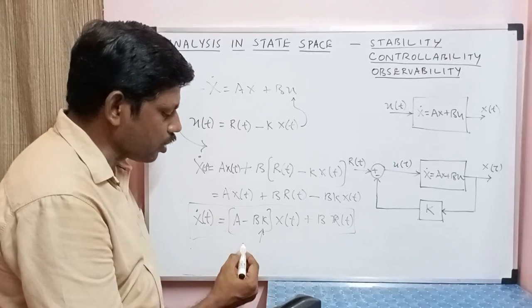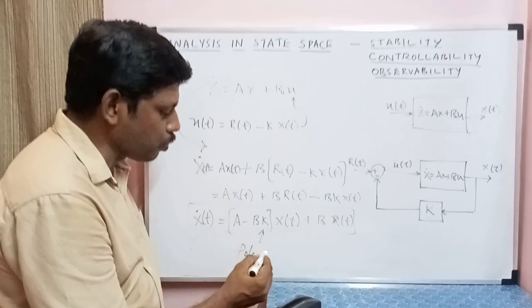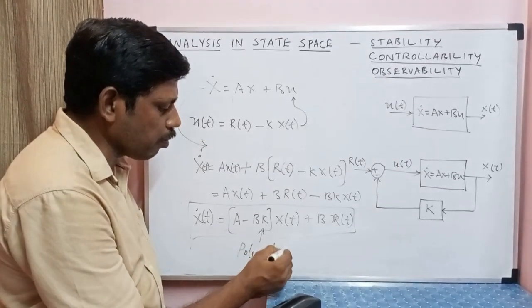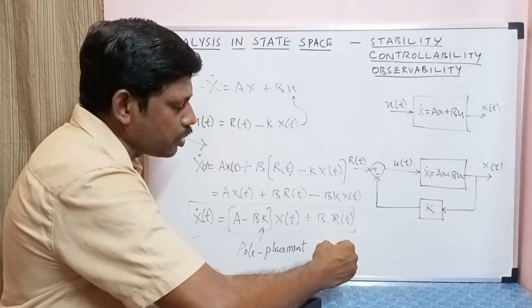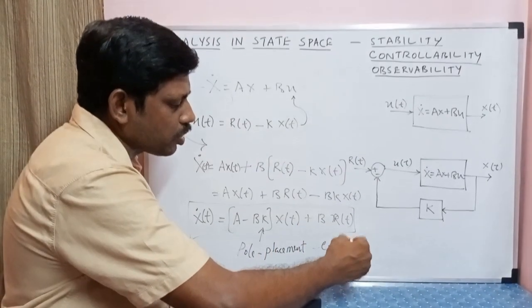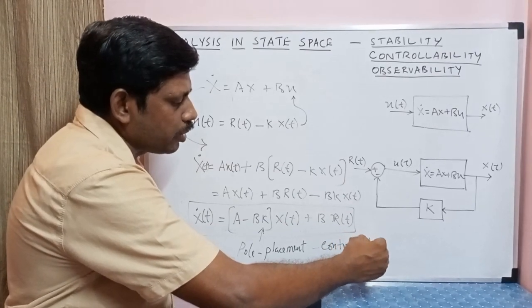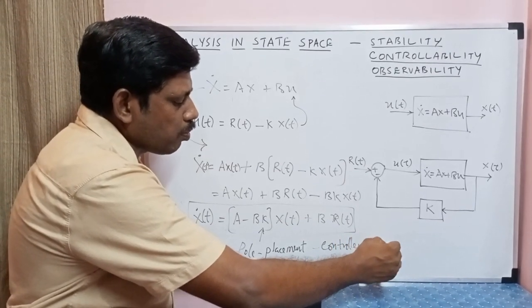This is what we call the pole placement problem, or the state feedback controller design problem.